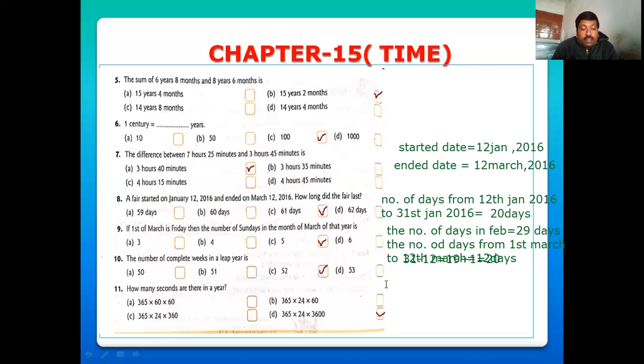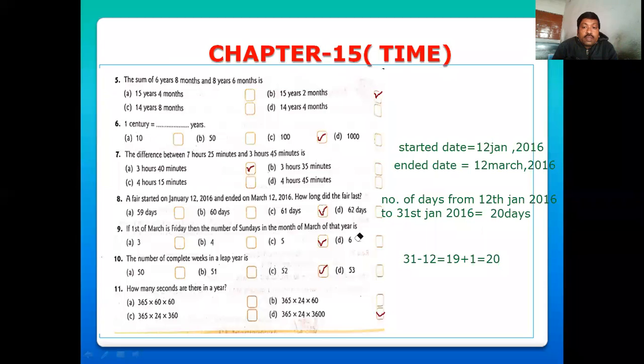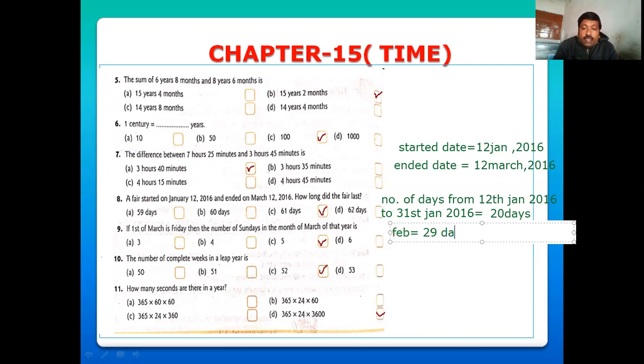When we add the total number of days: February is equal to 29 days, and the number of days from 1st March to 12th March 2016 is equal to 12 days.